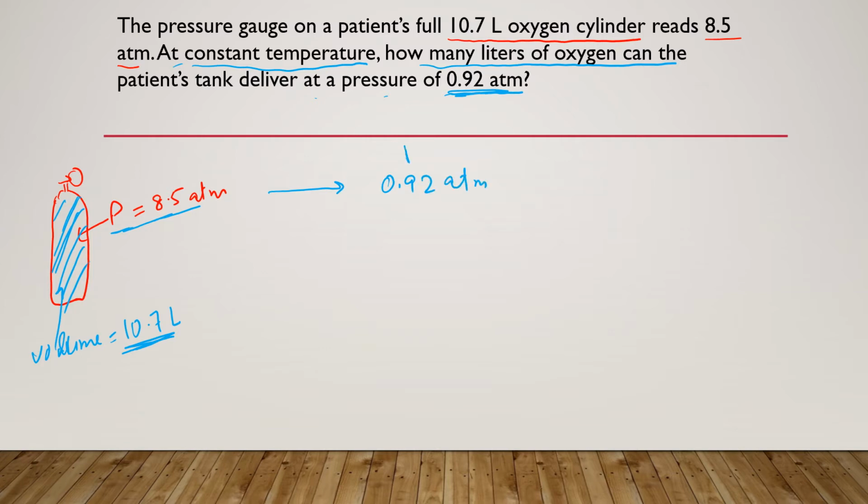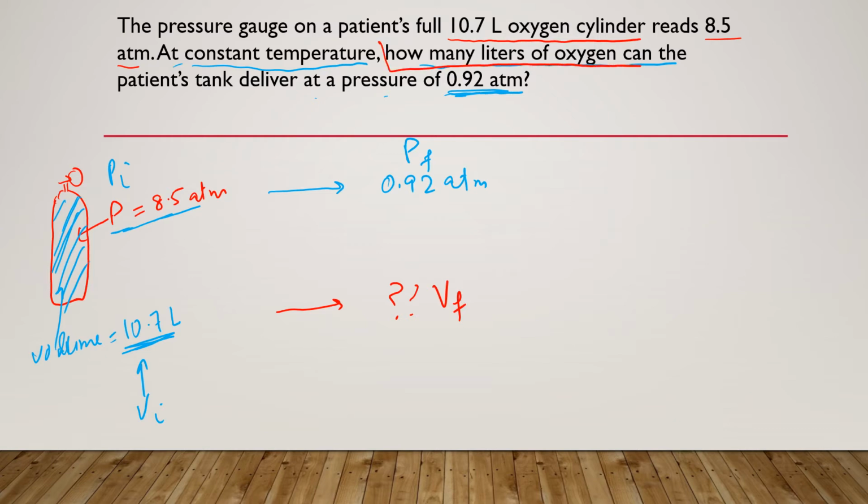So this is our final pressure. This one is initial pressure and this volume is initial volume. So if the final pressure is decreased to 0.92, how much will be the final volume? That's what we want to find.